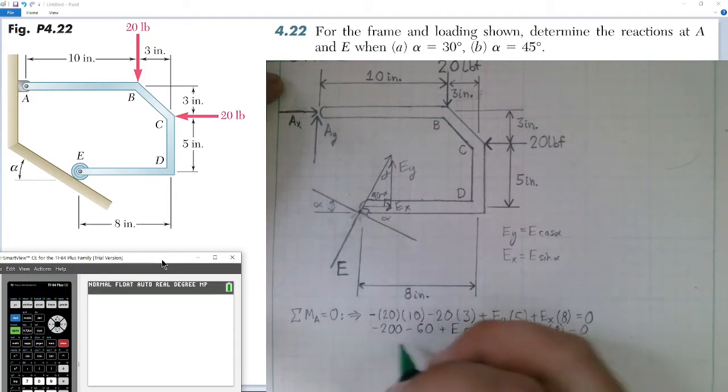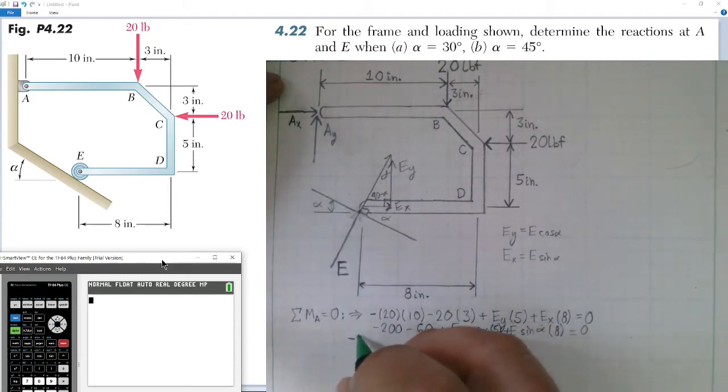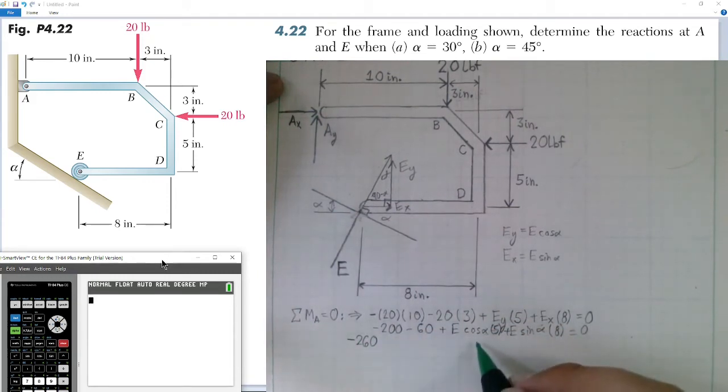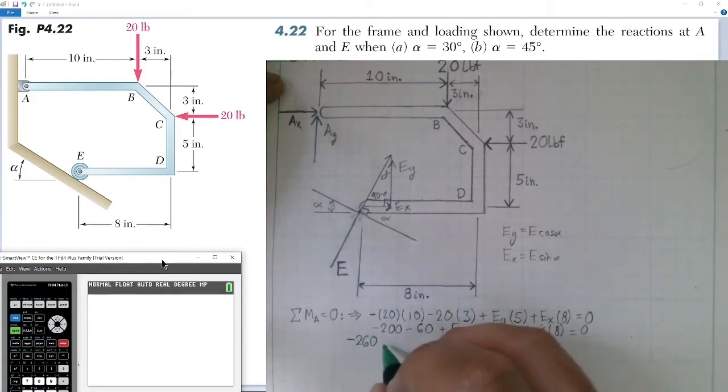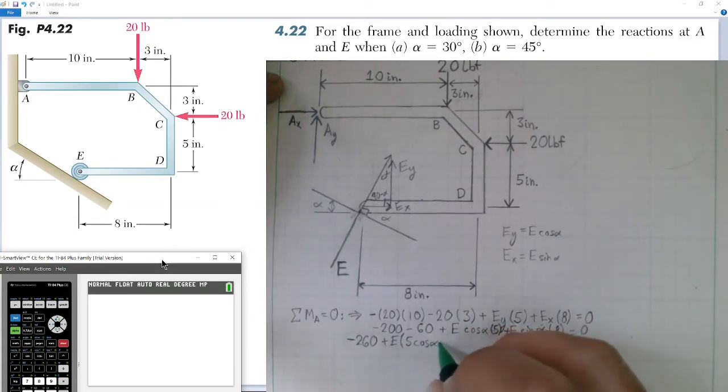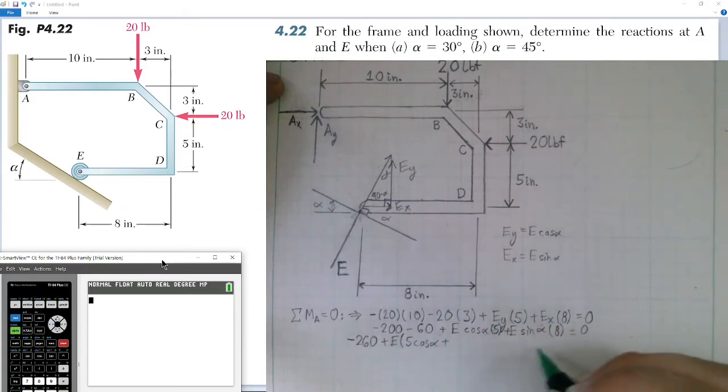So negative 200, negative 60 would make negative 260. And we're going to factor out these terms. So factor out E, pull E out of this term and out of this term. So plus E times 5 cosine of alpha plus 8 sine of alpha equal to 0.